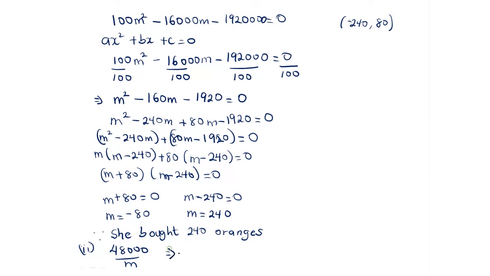This will give us 48,000 over 240, since M is found as 240. Simplifying this, we are going to get 200 cedis.